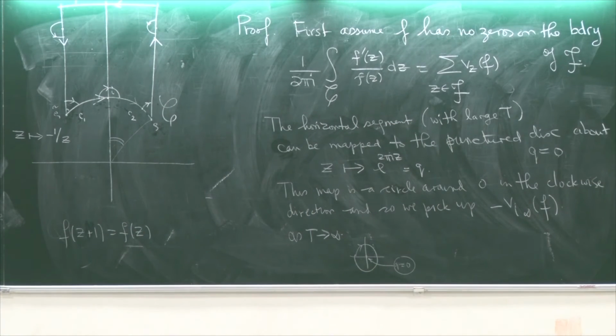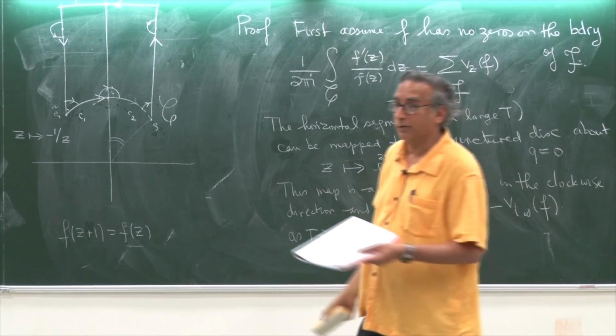And from this valence formula, we can now deduce many wonderful things. Let me try to give you a sense of how that works. It's classical complex analysis, nothing fancy like integration on any compact Riemann surface or anything like that.